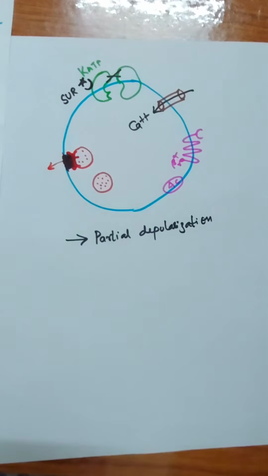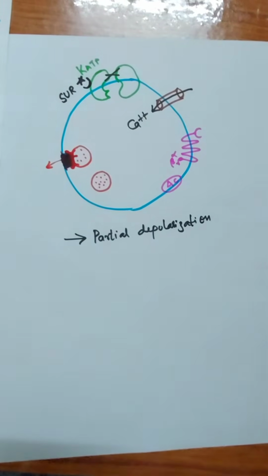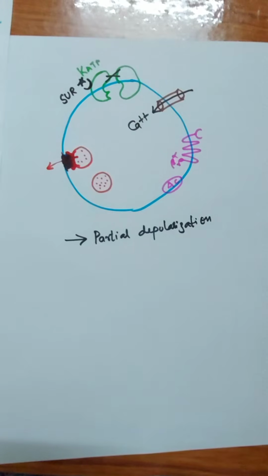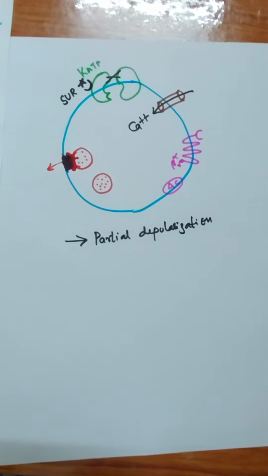So you should make sure that you consume an adequate amount of meal whenever you are consuming sulfonylureas, because even at a low concentration of glucose, a huge amount of insulin is being released, so it may risk the problem of hypoglycemia.